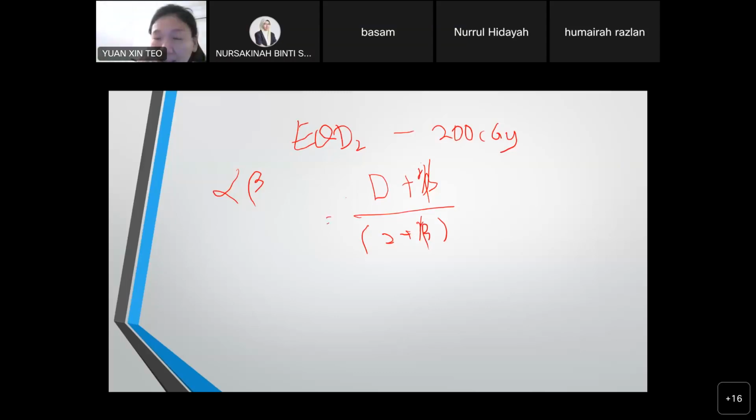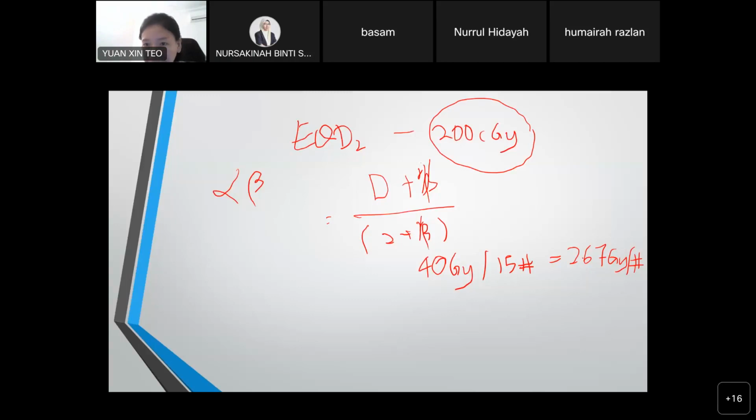An example is when the doctor prescribes 40 gray in 15 fractions, where the per-fraction dose is 2.67 gray. But all the radiobiology calculates the dose at 200 centigray.